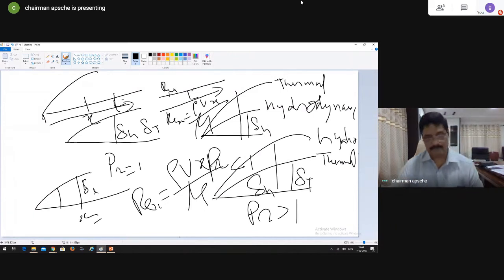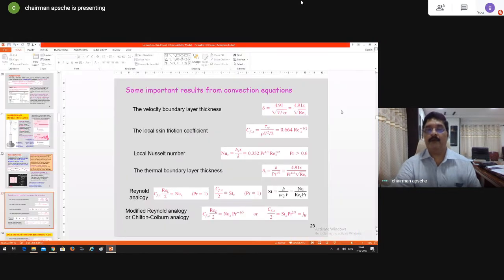These are all local numbers. Similarly, the local Nusselt number, when the fluid flows laminar: Nu_x equals 0.332 Prandtl number power 1 by 3 and Re_x power 1 by 2. This can be applied for all Prandtl numbers greater than 0.6.